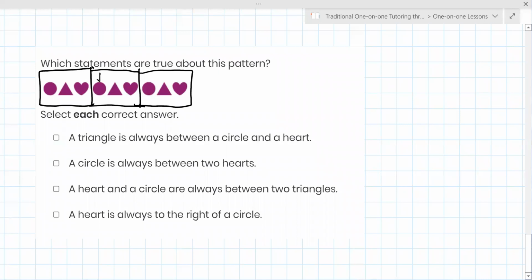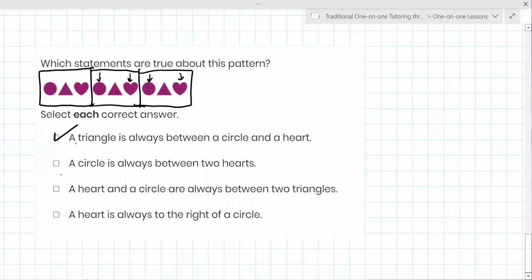What would you call this one? A circle, triangle, and a heart. So is the triangle between a circle and a heart? Yeah. Okay, I agree. How about this? Circle, triangle, heart. Is the triangle between a circle and a heart? Yeah. Okay, so it looks like that's true.